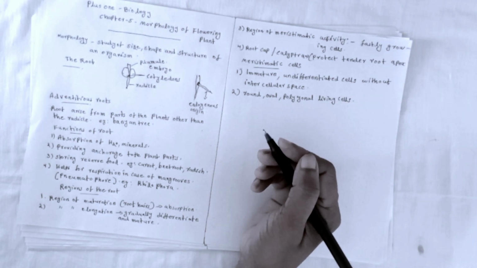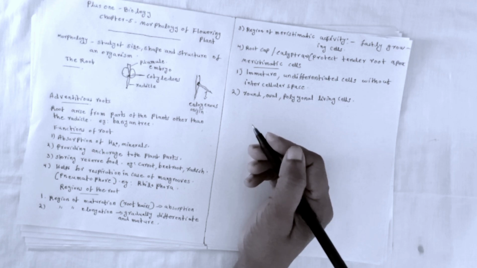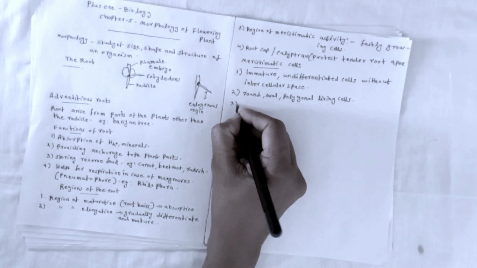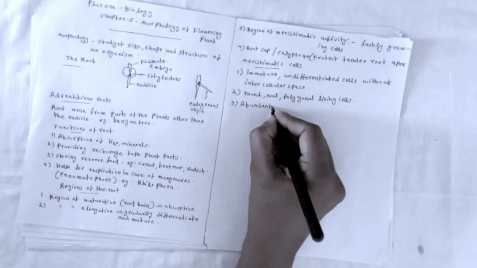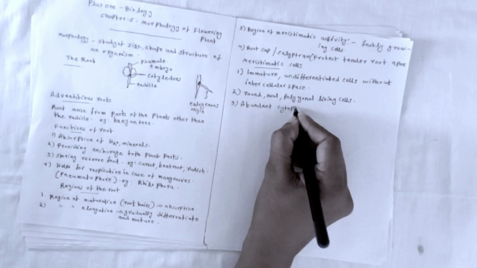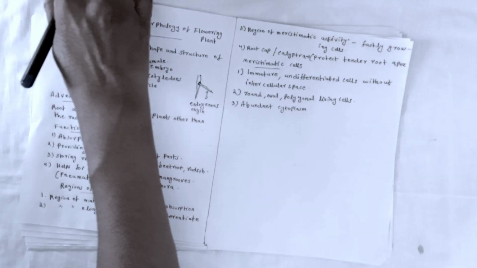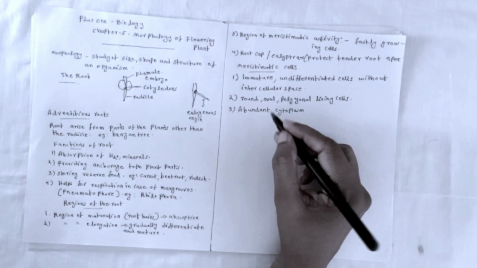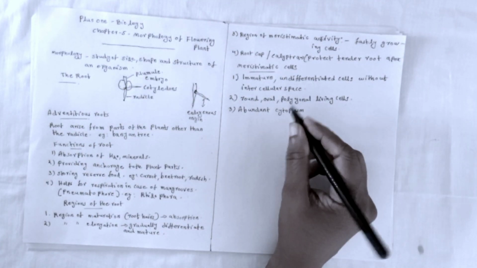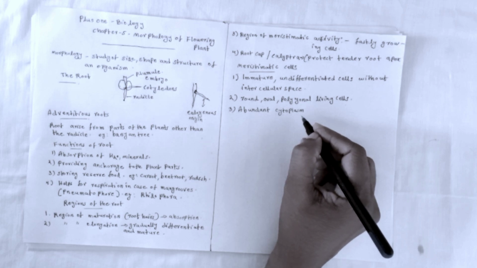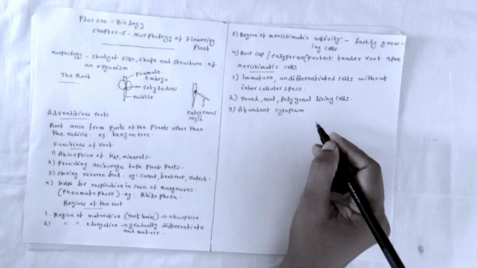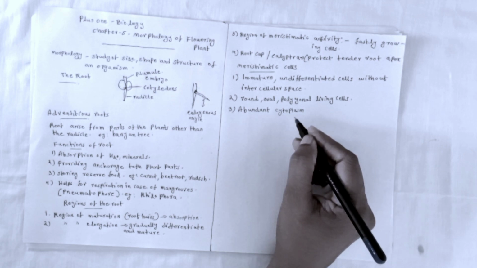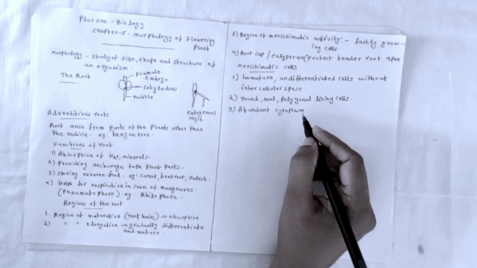These meristematic cells have abundant cytoplasm and a prominent nucleus. What is cytoplasm? Nucleus plus the fluid around the nucleus is protoplasm. Cytoplasm means the protoplasm without the nucleus.